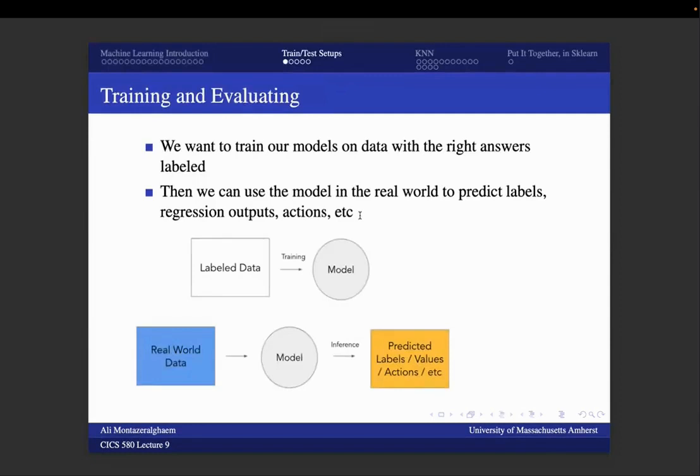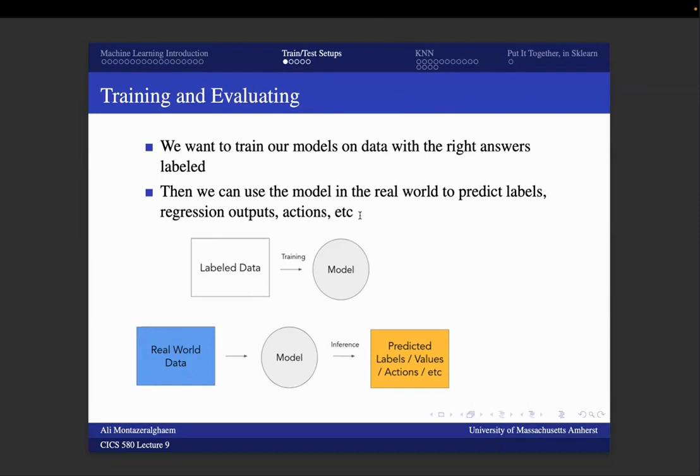So if we have a system and we want to train that system or model on data with knowing the labels, as a supervised approach, then we can use the model in the real world to predict labels.